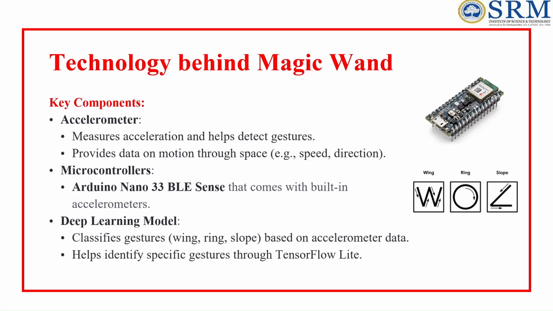The model has been trained on accelerometer data to recognize our three gestures: wing, ring, and slope. Whenever you move the wand, the raw accelerometer signals are passed through this model and it outputs which gesture it thinks you have performed. Now these three pieces, sensor, microcontroller, and model, come together to form the complete system.